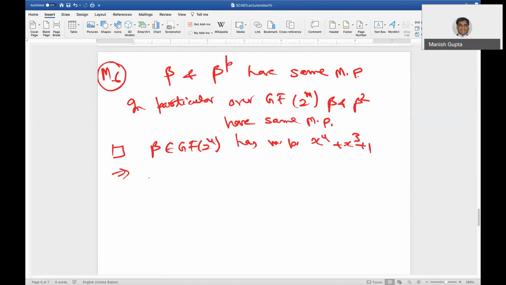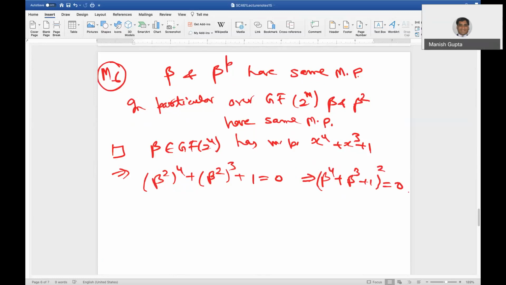Then beta square raised to power 4 plus beta square cube plus 1 will be 0. This implies that beta raised to power 4 plus beta cube plus 1, whole square, is 0. Okay, because of field of characteristic 2.